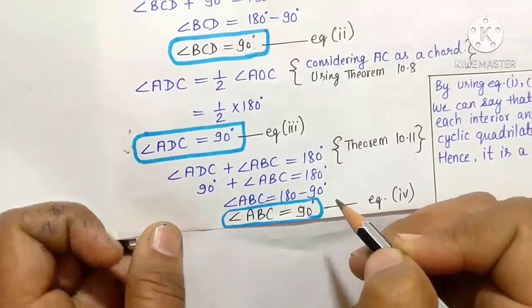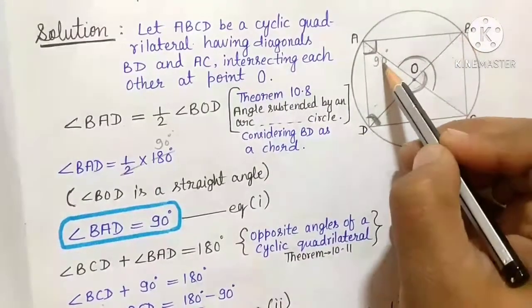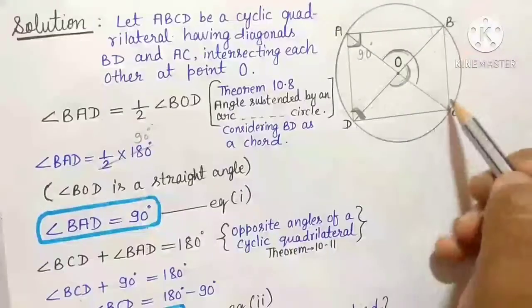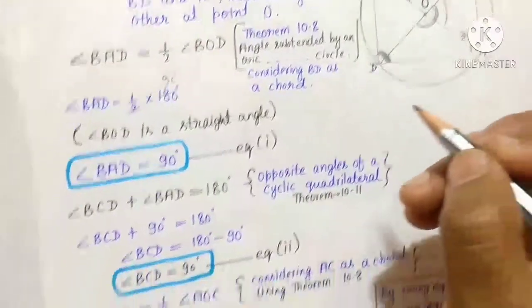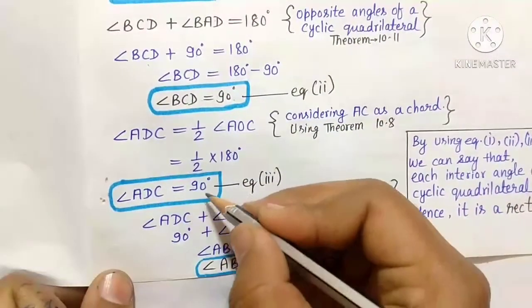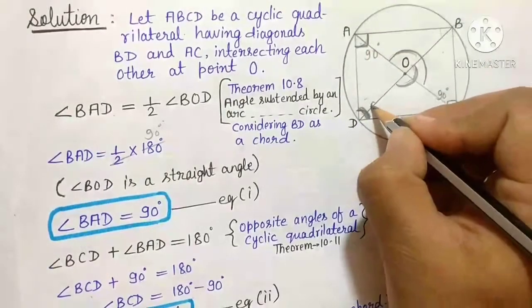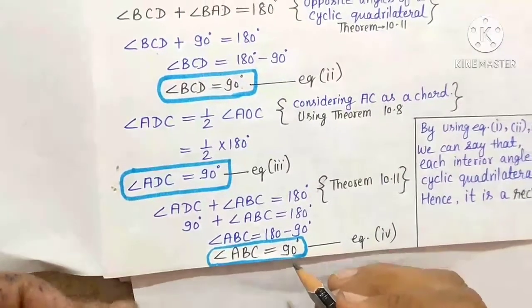Now we can see that angle BAD is 90, angle BCD is 90, angle ADC is 90, and at last angle ABC is also 90 degrees, all of which we have proved.